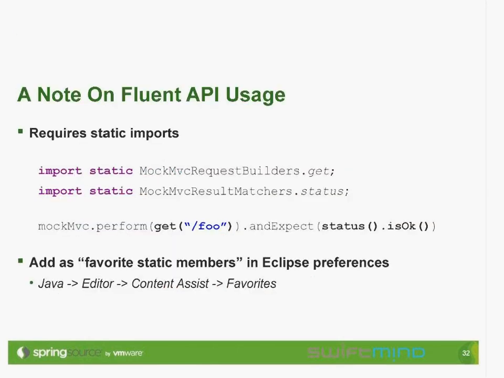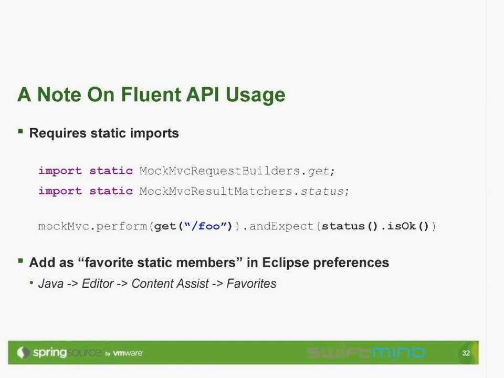Just a side note on the usage of the Fluent API that we have here. In order to have this Fluent API, you'll actually need to import a few static methods. Generally, the easy way to remember that is if you search in the IDE for all classes that start with MockMvc, so MockMvc wildcard, those are going to be classes that contain potential static methods of interest. In fact, you can just import with .*, and you'll have everything available.